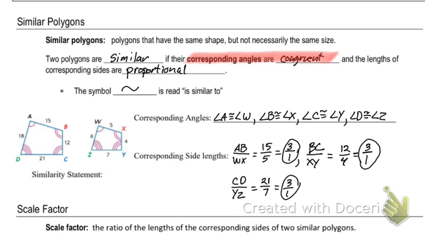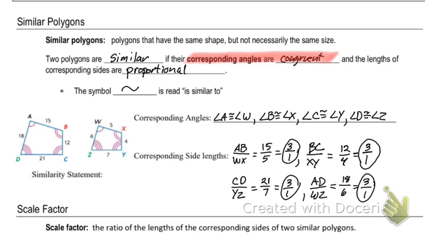We're good. We just have one more side to check. That is our AD and our WZ. AD is 18. WZ is going to be 6. That is 3/1. These two shapes are similar.